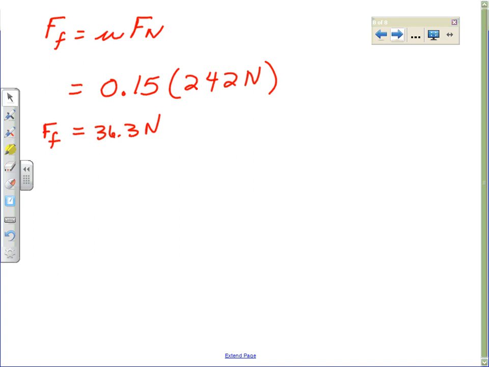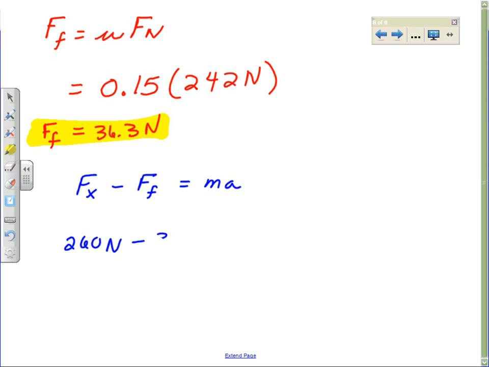So now we know frictional force, we know Fx, and we know the mass. So to remind you what our summation equation is, Fx minus the frictional force will give us the force on the system. Our goal is to find a. So Fx was 260 newtons.